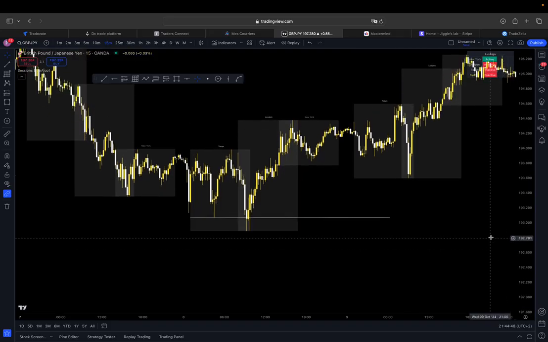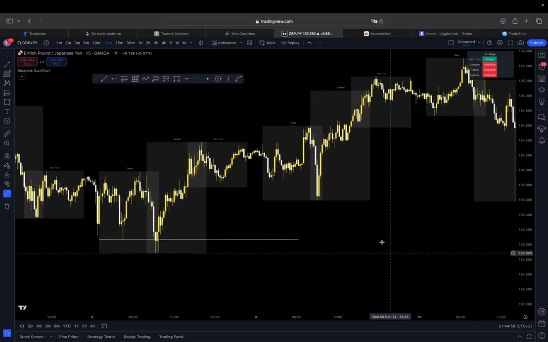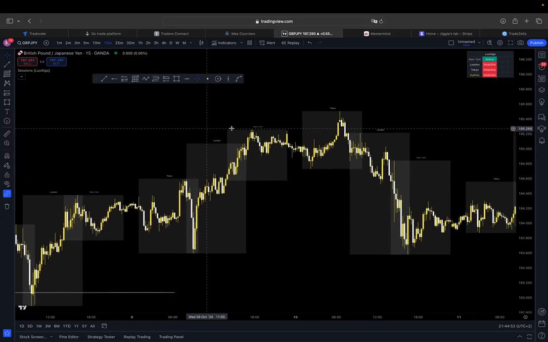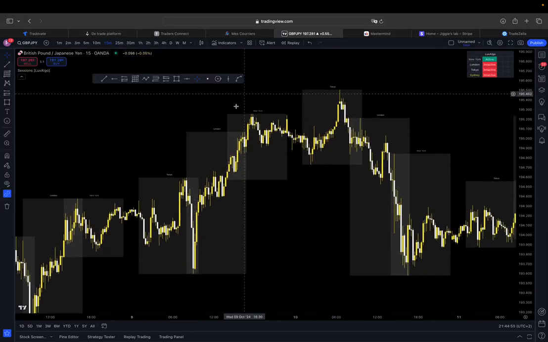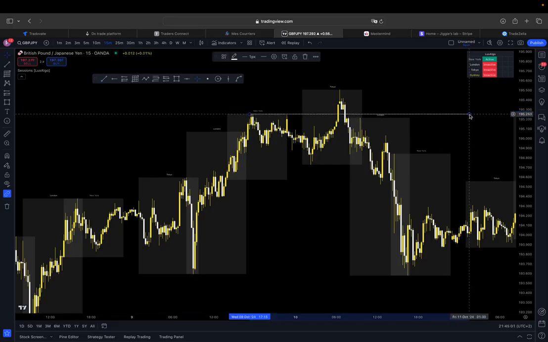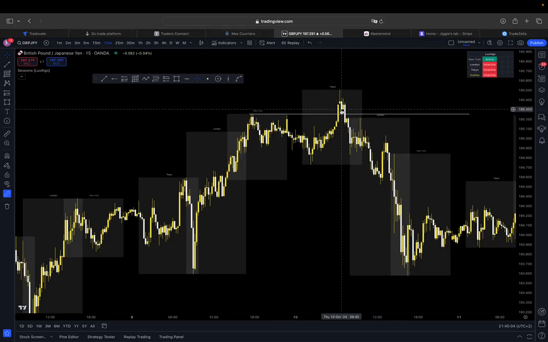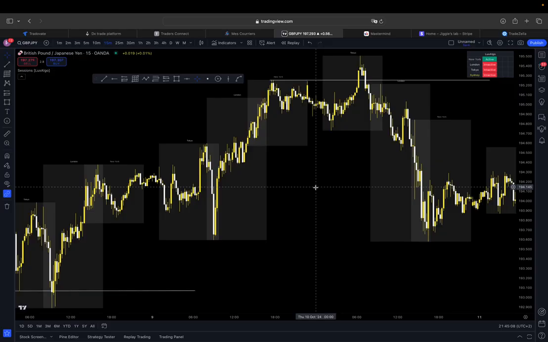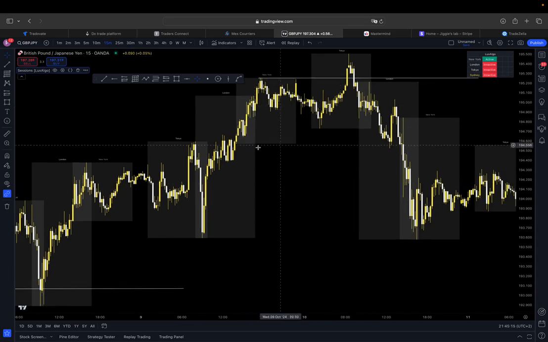You need to understand where they are, then once they get swept, like this previous high, you get this break of structure to the downside, then you can take the trade. That is why we don't take trades every single day: once we do not get that setup or liquidity sweep, we do not take that trade.